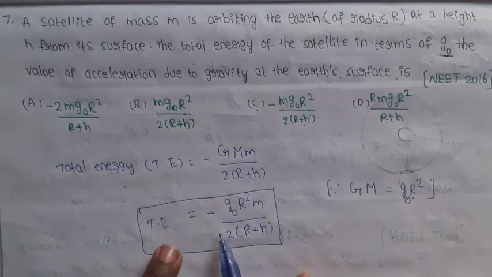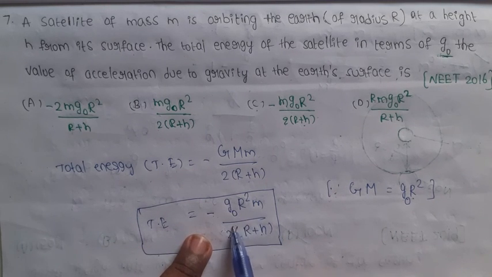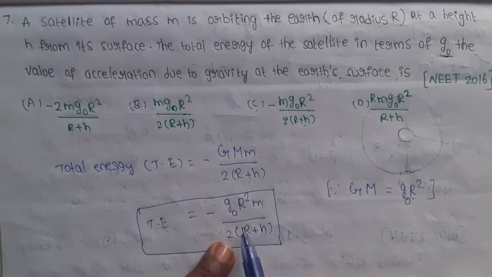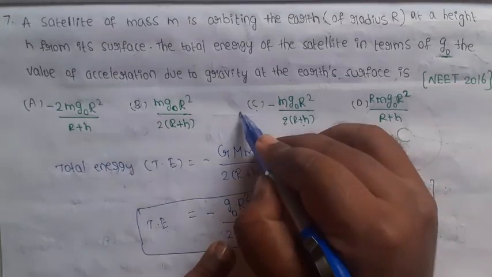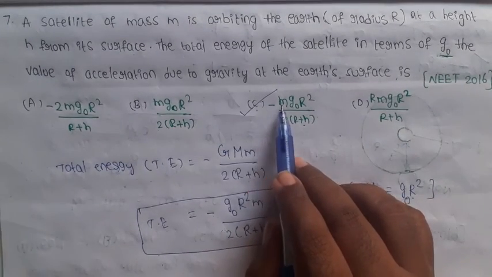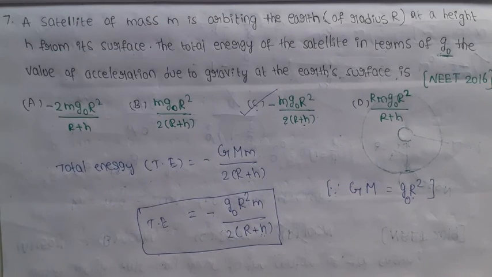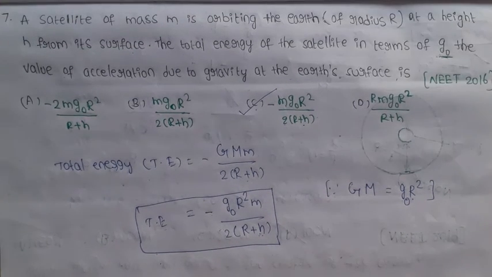Compare with this formula. Total energy equals minus m g naught R square by 2 into R plus h. So option C is the correct answer. That is the answer. Next in the video we are discussing some more problems.